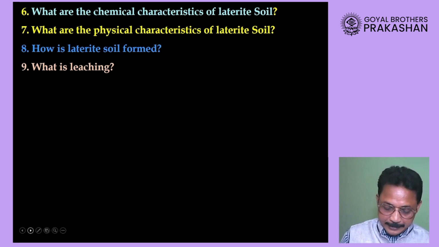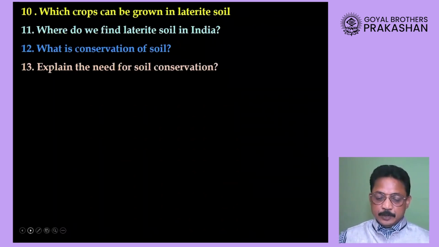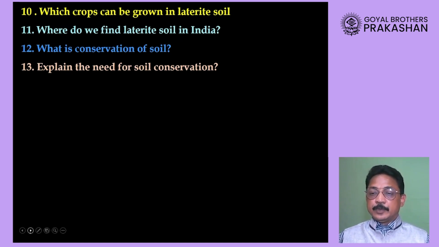The next question, dear student, is which crops can be grown in laterite soil? The answer is laterite soil supports the growth of cashew nut, tapioca, tea, coffee, rubber, and some fruits. Next question, where do we find laterite soil in India?